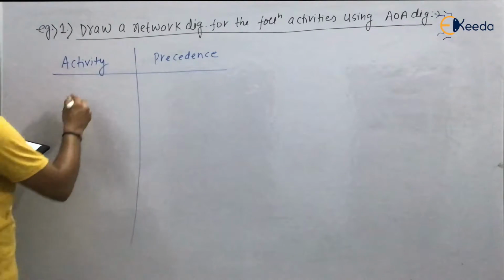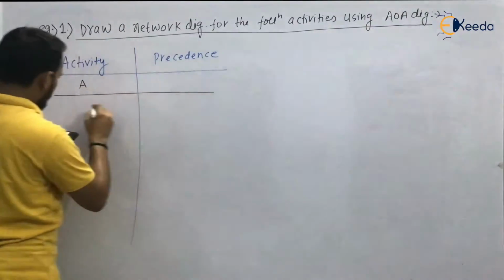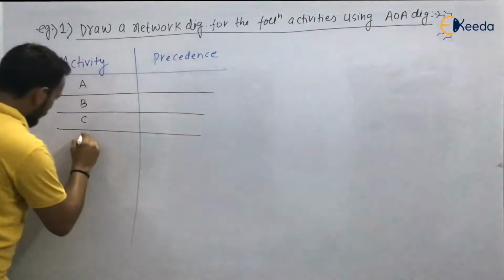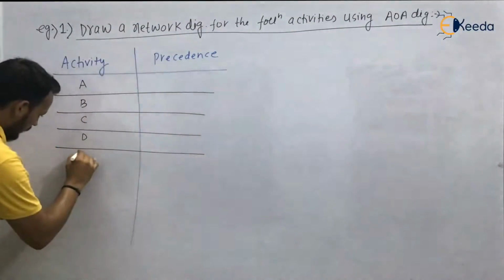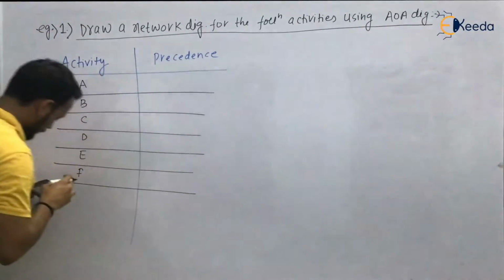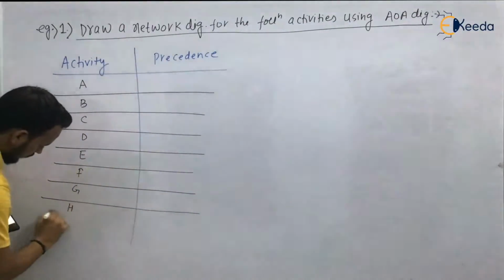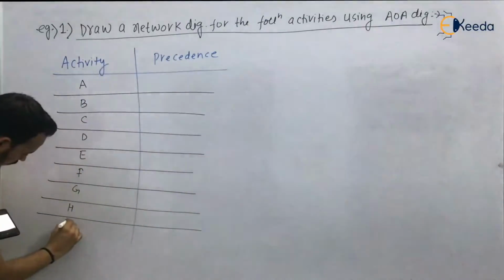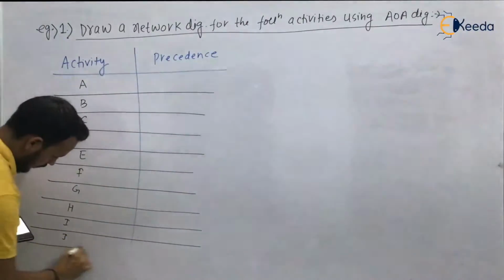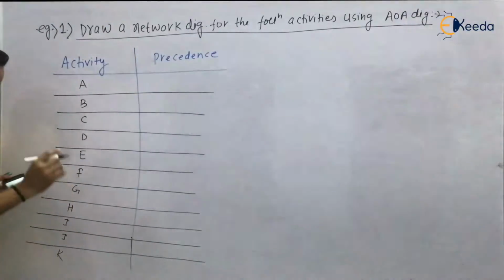Activity is given as A, B, C, D, E, F, G, H, I, J, and K. Okay, A to K.